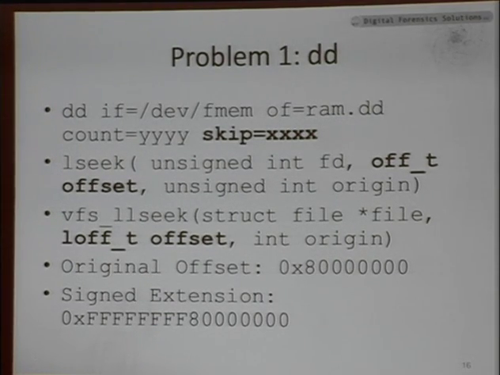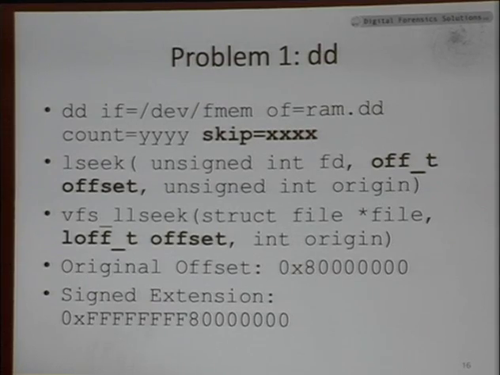So that means if we're passing an original offset that's something like hex 8 followed by a bunch of zeros, and it gets translated from a 32-bit integer to a 64-bit integer, since that 8 in binary starts with a 1, when it gets sign extended, instead of getting a bunch of zeros, an 8, and a bunch of zeros, we're going to get a bunch of Fs, an 8, and a bunch of zeros, because it's just going to sign extend it and fill all the upper bits with 1s. And now what we have is a really high address range that's not valid.